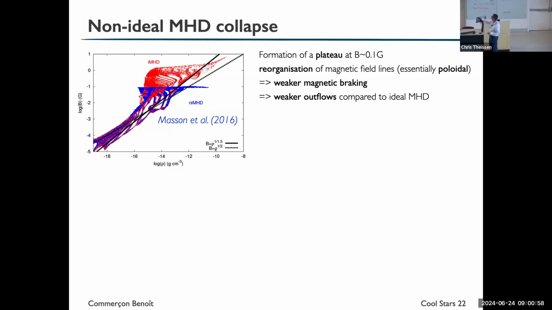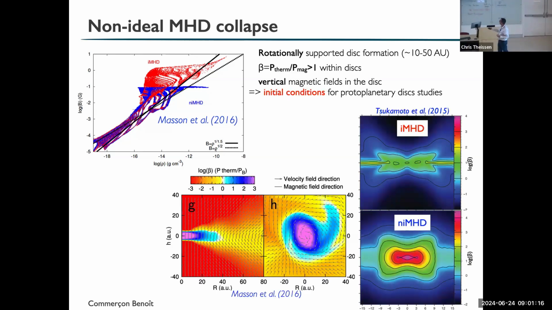This is because at high density, ambipolar diffusion starts to dominate and prevents any further magnetic field amplification at the center of the collapsing core. So the magnetic field is much weaker in the central part, which weakens the magnetic braking efficiency, and then a disk can form.